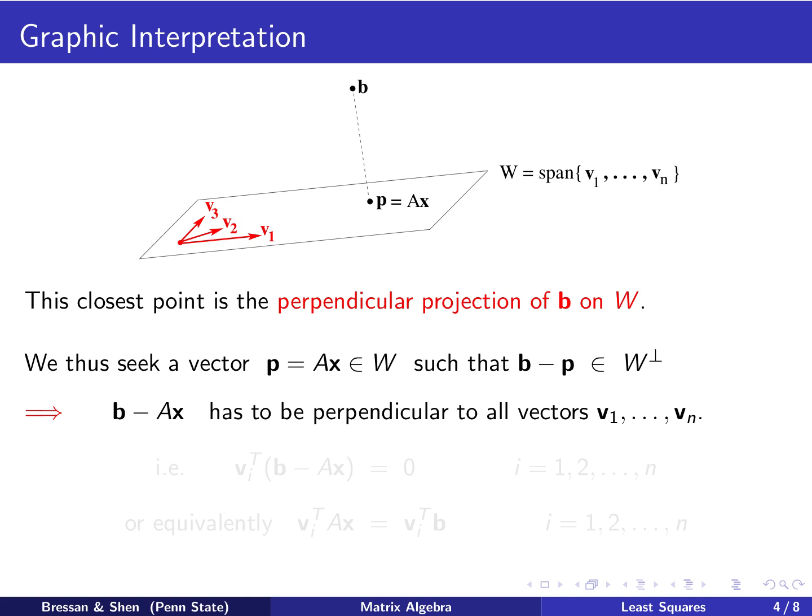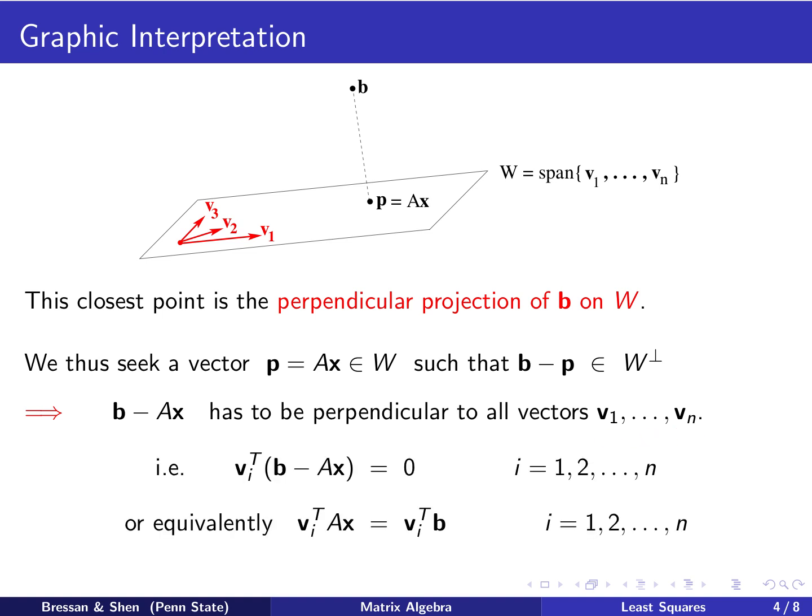That means b minus Ax, because P is Ax here, must be a vector that's perpendicular to all vectors in W, which means it's perpendicular to all the basis vectors of W, meaning v1, v2, up to vn.